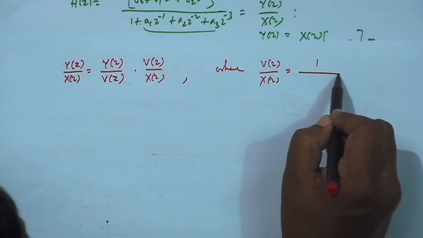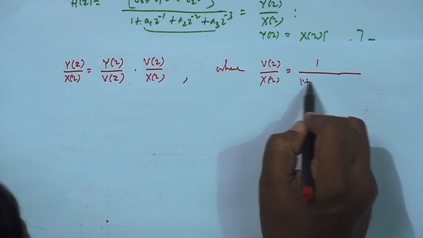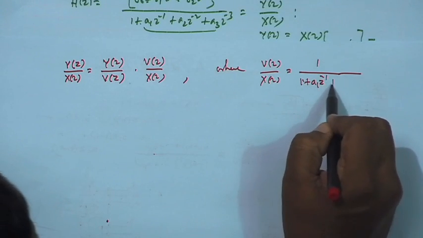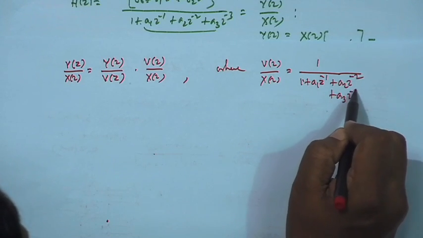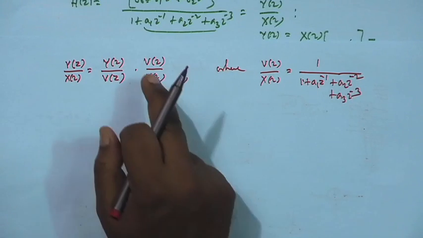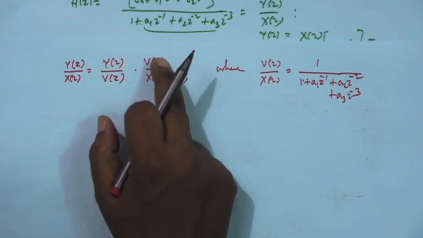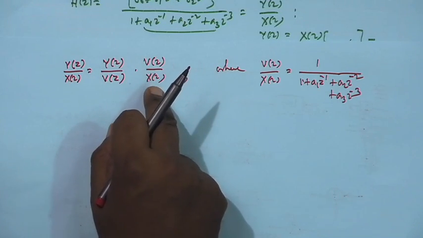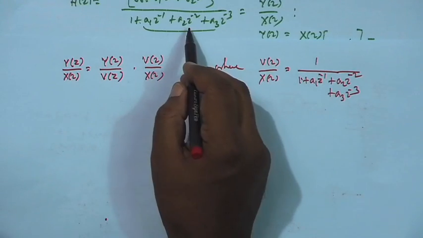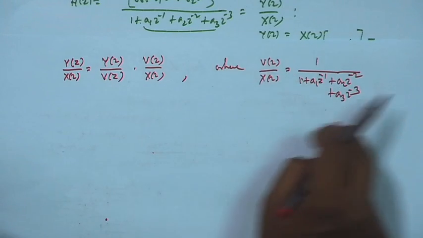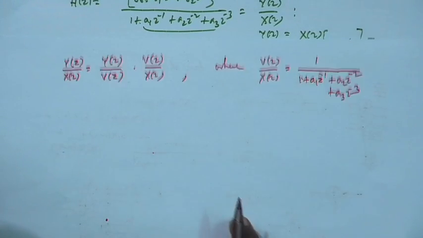So, 1 by this part. So, I have introduced a new variable V(z), V(z) and V(z) cancels, you get Y(z) by X(z). Where V(z) by X(z), this ratio, I take to be 1 by this. So, now if I realize this, I will be handling poles only.